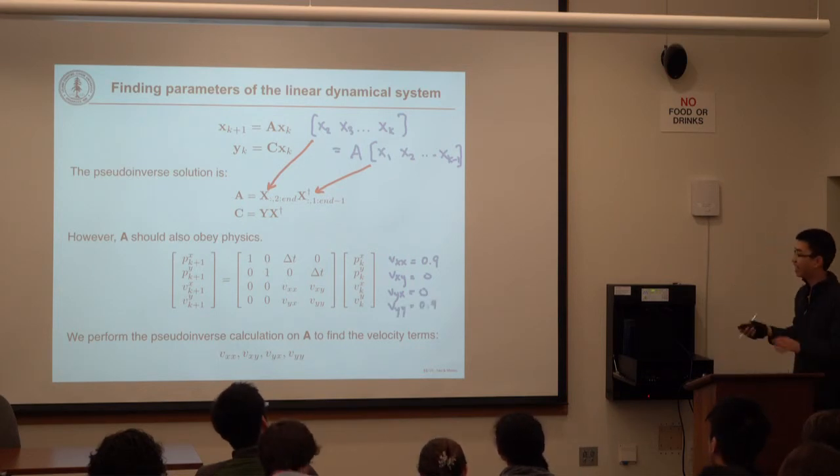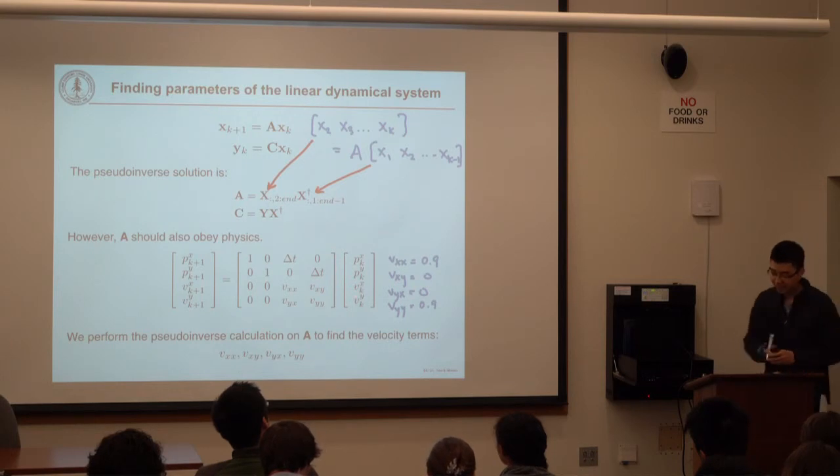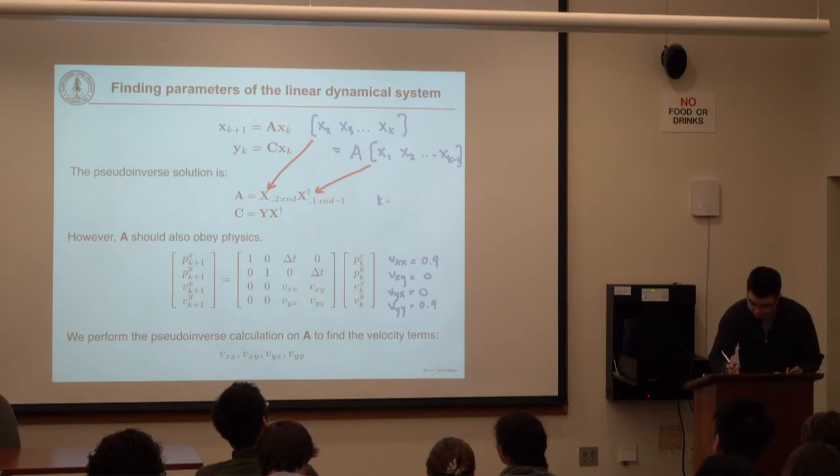So what this is saying is that part of my estimate for the next velocity is that the velocity should really be pretty close to what it was at the previous time step. So let's say that at k equals 500 milliseconds, v k of x was equal to 100 centimeters per second.